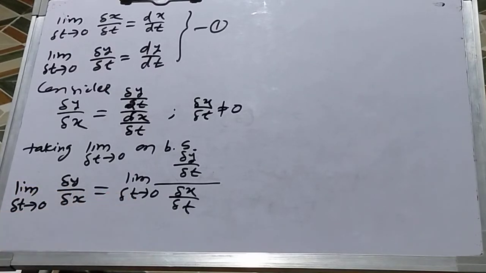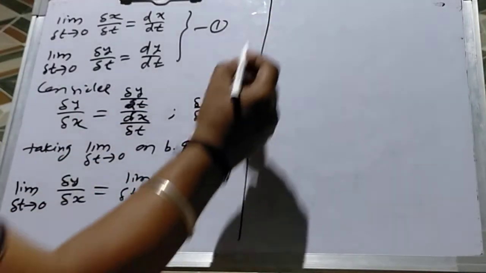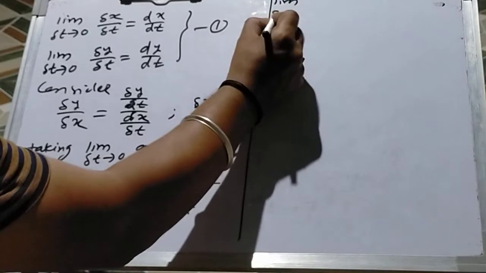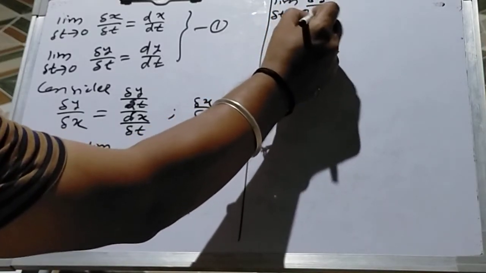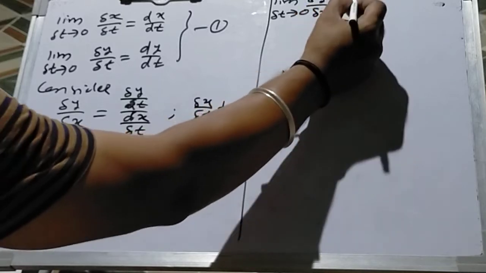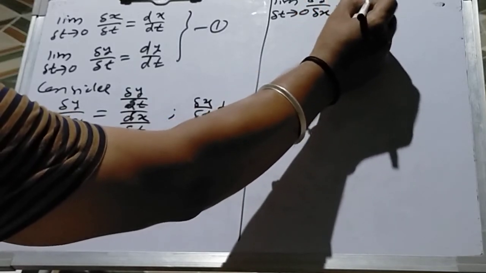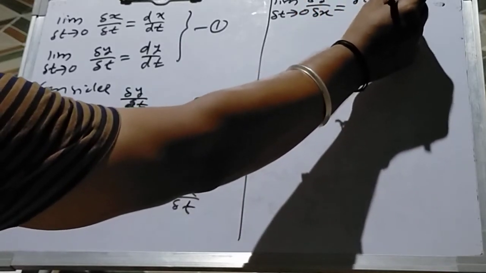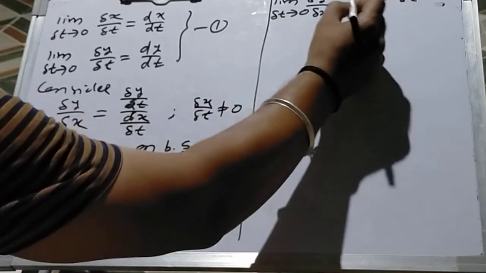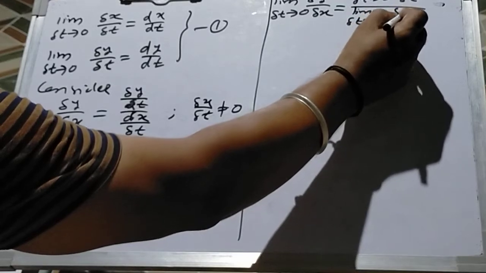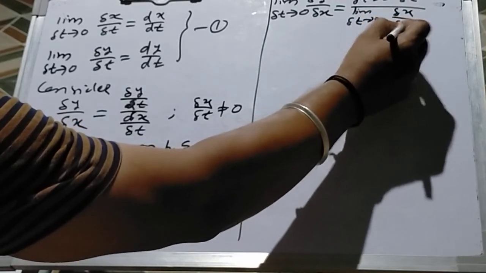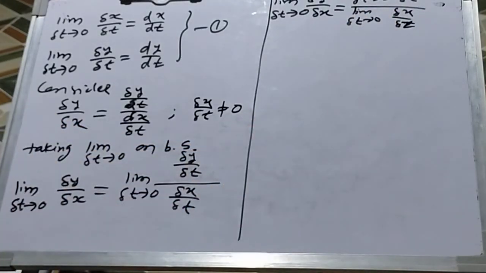Now separate the limit. So limit delta t tends to 0, delta y by delta x equals limit delta t tends to 0, delta y by delta t divided by limit delta t tends to 0, delta x by delta t.